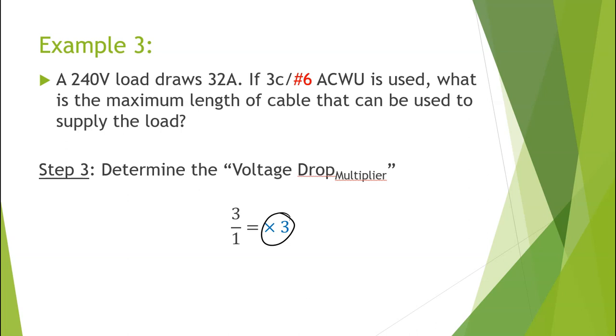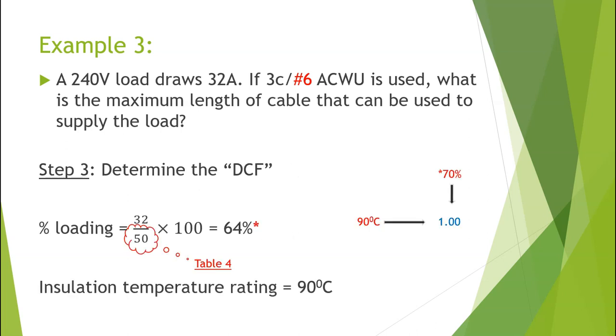So now that we have our D3 value, our voltage multiplier, and our voltage drop multiplier, all that's left to get is our DCF. And this is where it gets a little bit tricky when we're dealing with our aluminum conductor. We used a copper conductor that was 2 sizes smaller when we were dealing with table D3.